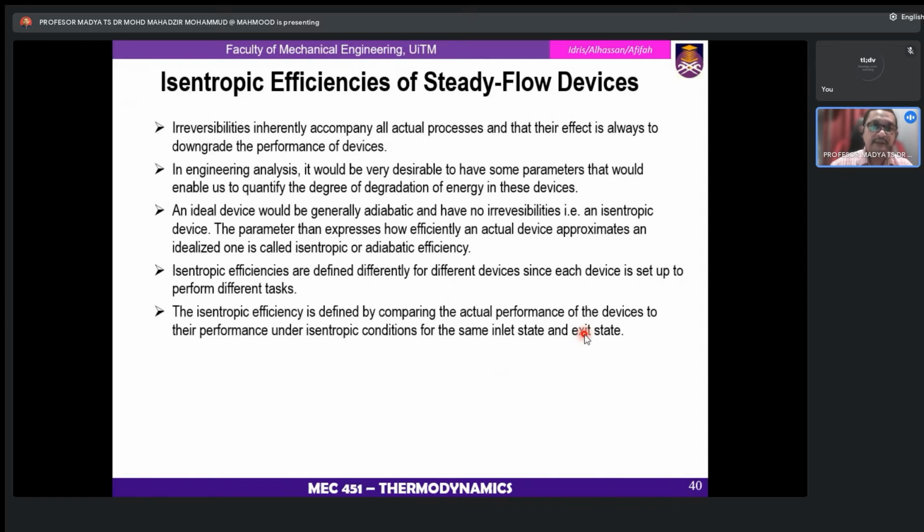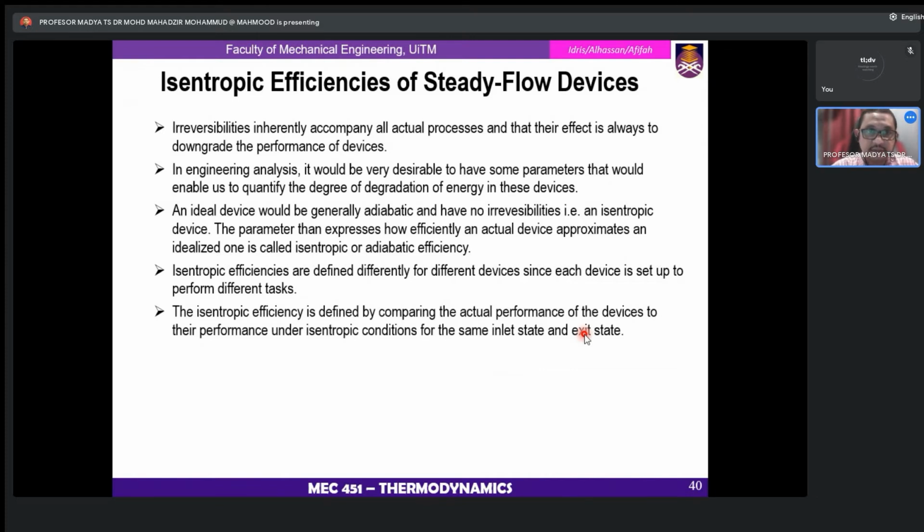Okay, now we go on to the isentropic efficiencies of steady flow devices. Irreversibilities inherently accompany all actual processes, and their effect is always to downgrade the performance of the device.